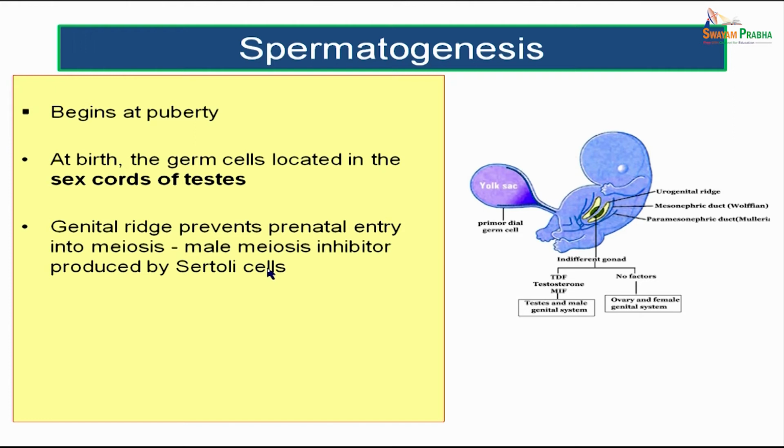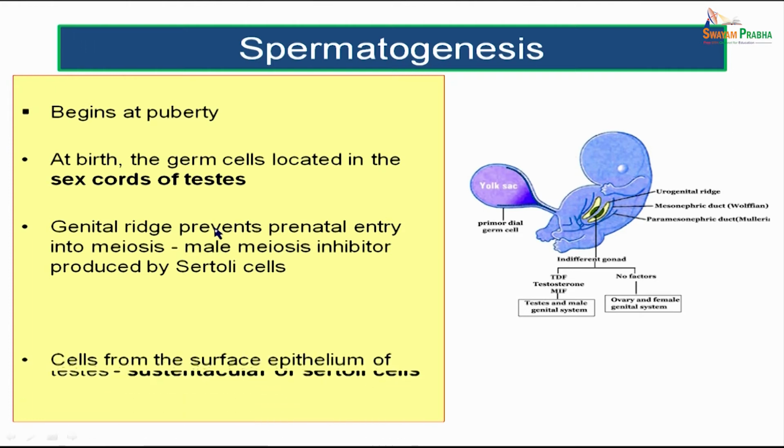That is the reason why you get all these spermatogonia as they are till the time of puberty, before birth and up to puberty.